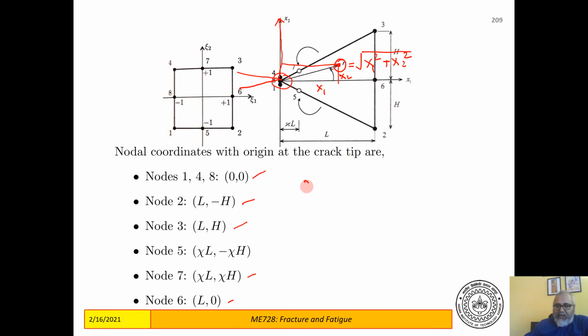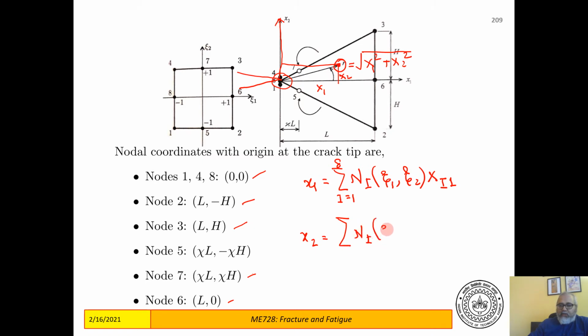So x1 is the summation of N_I(zeta 1, zeta 2) times x_I1, where I goes from 1 to 8, and x2 would be the summation of N_I times x_I2. These x_I1 and x_I2 are the physical nodal coordinates.